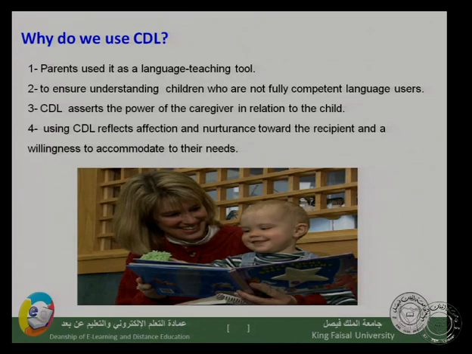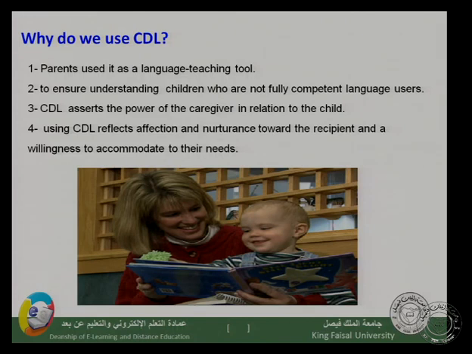Now, when I accommodate my language so that the child can understand, when I speak slowly so that an old man can understand what I say, this means that I am ready to accommodate my language to the need of this young child, or to the need of this old man who is over 65, which reflects my affection, my interest, my nurturance toward the recipient.